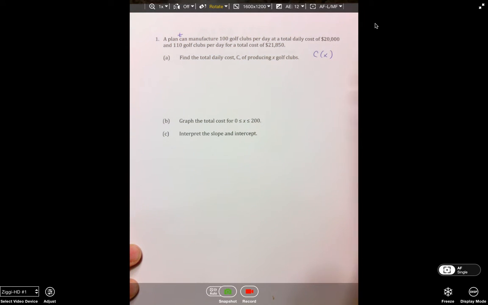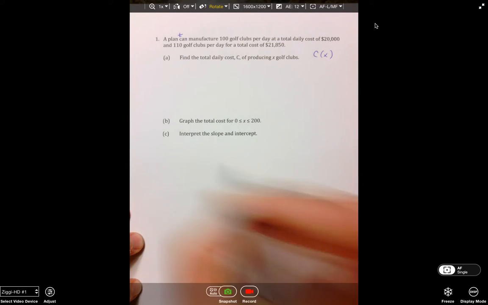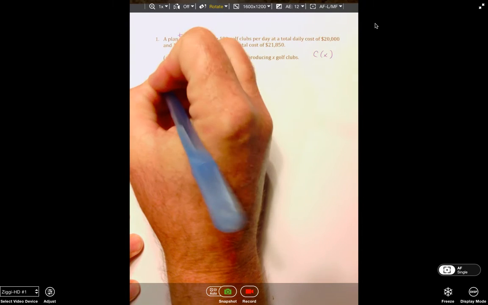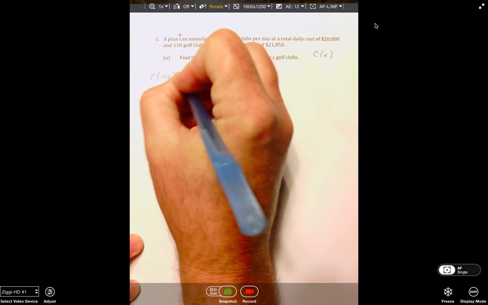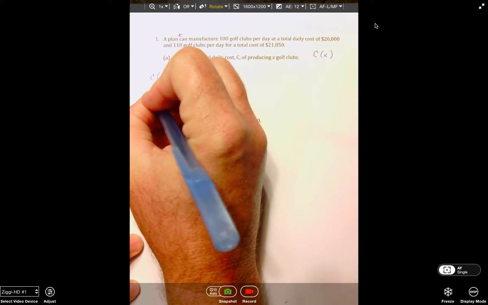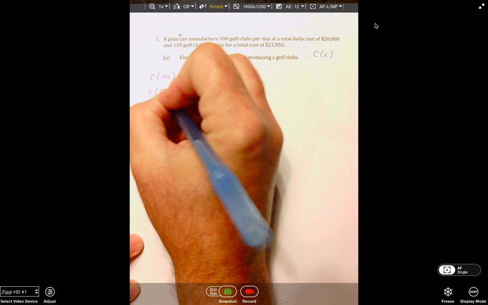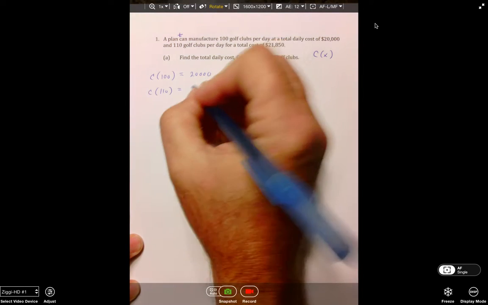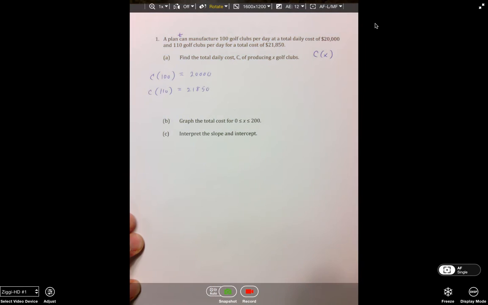So what we're going to do here is create a function C of x, where x is the number of golf clubs and C is the cost for that amount of golf clubs. Am I thinking about that correctly? Yes, I am. So what we know is that C of 100 is equal to 20,000, and C of 110 is equal to 21,850.